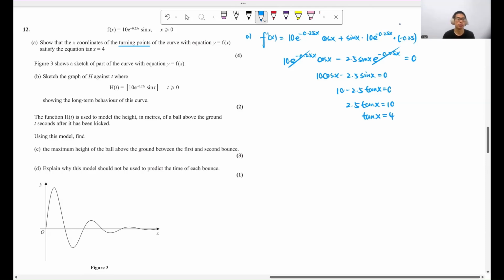And then part B. Figure 3 shows a sketch of part of the curve with equation y equals f(x). Sketch the graph of h against t, where h(t) is the modulus of the whole thing, where t is more than or equal to 0, showing the long-term behavior of the curve. If it's the whole thing in modulus, that means there's no negative y value.